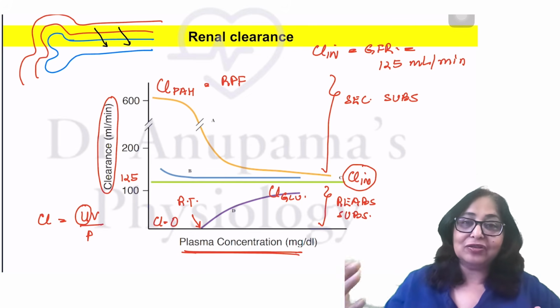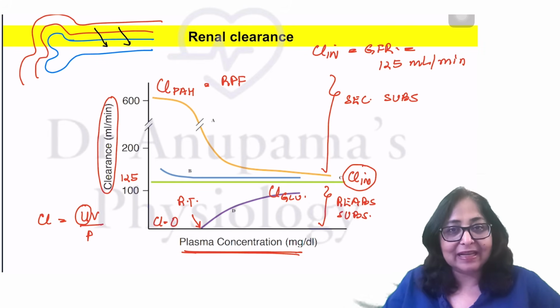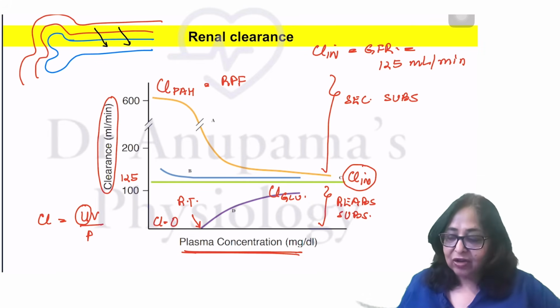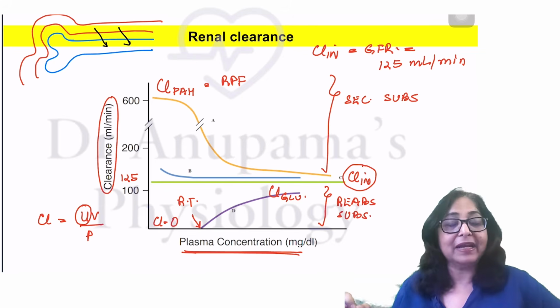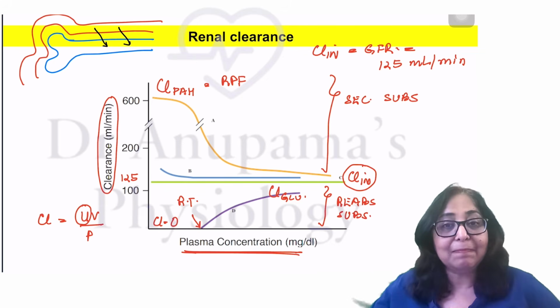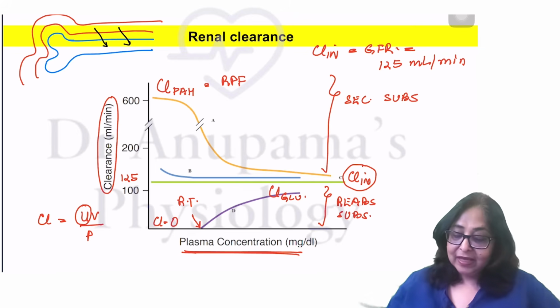But in high concentration, para-aminohippuric acid is incompletely secreted. So the clearance of para-aminohippuric acid decreases in high concentration but continues to remain above or more than the clearance of inulin, because at least some secretion of para-aminohippuric acid is taking place.